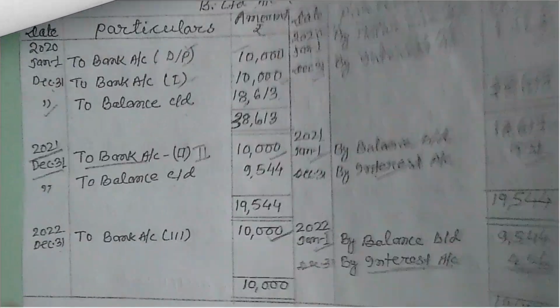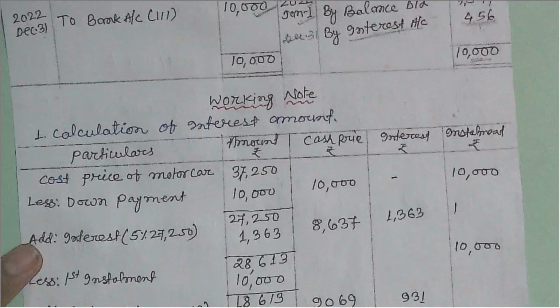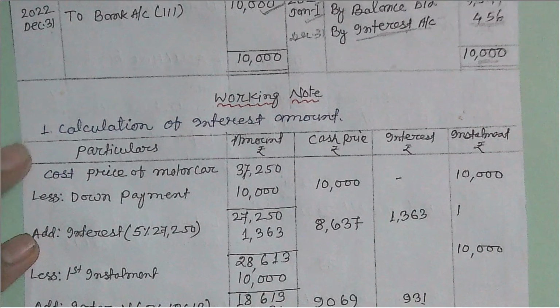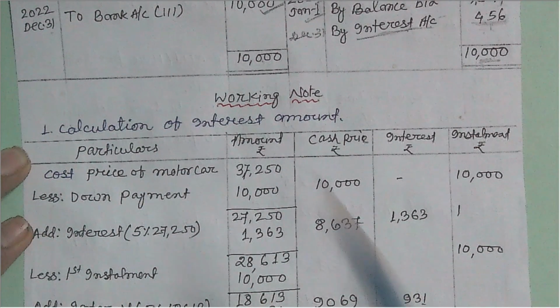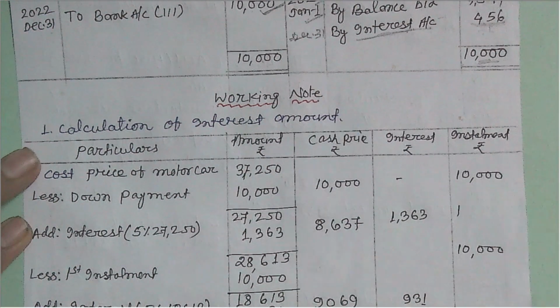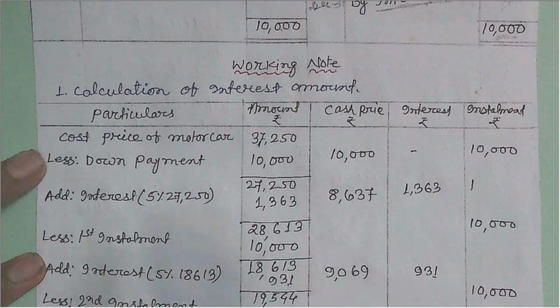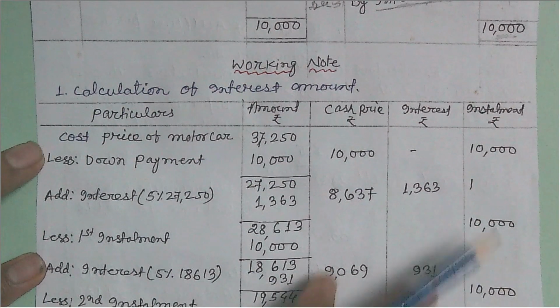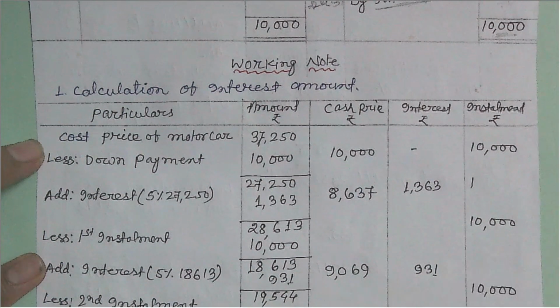Now I will show you how the calculation is done. Though I have already explained it in the problem, here in the solution also, the interest calculation. This is the table it is showing here, the table working note, calculation of interest amount.